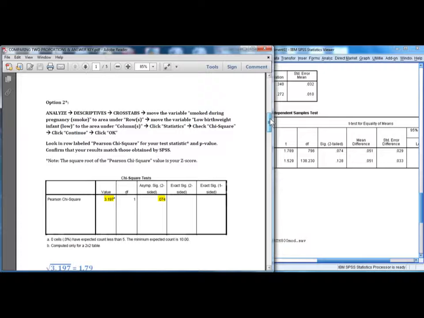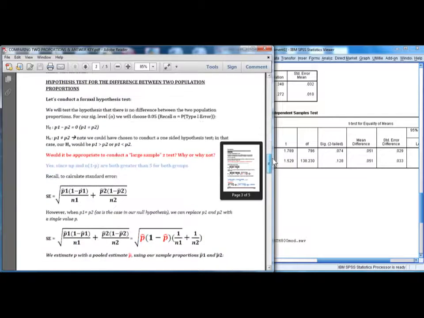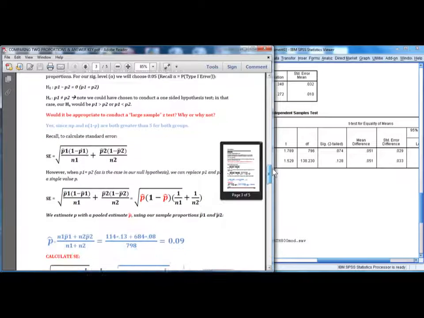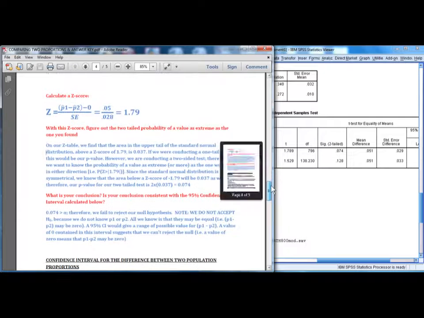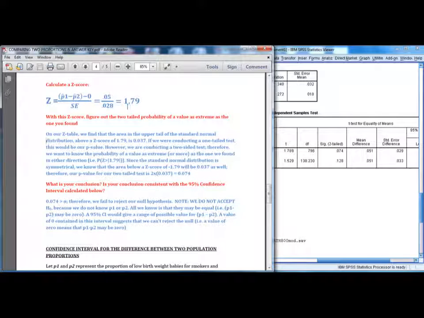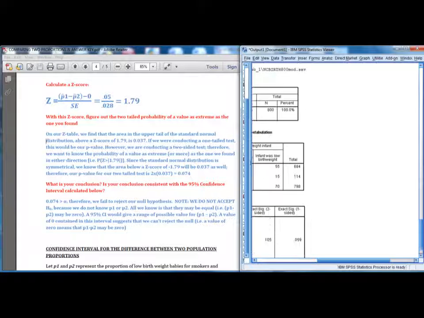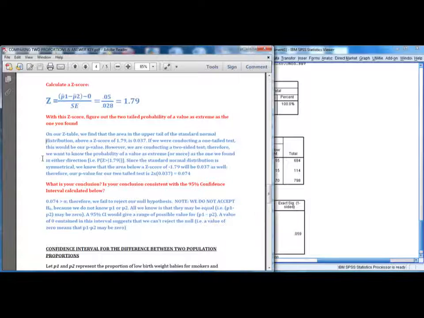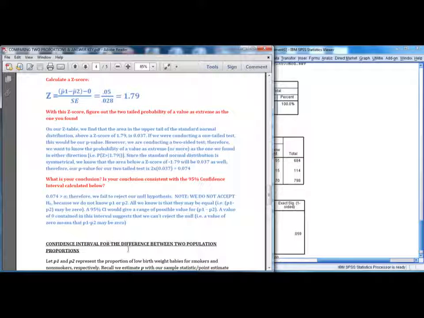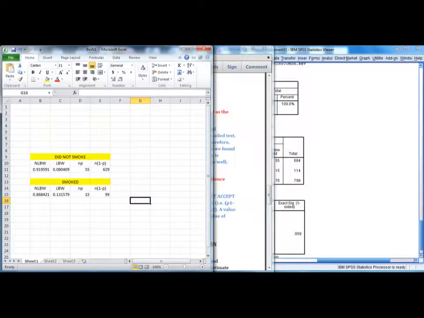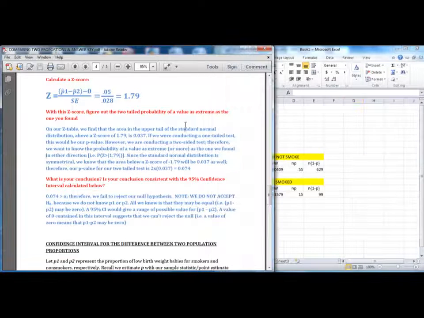It's because the standard errors are calculated differently. So the main thing here is just to confirm that our z-score is the same as that obtained by SPSS, and our p-value, which we can get from SPSS or Excel, we can confirm is 0.074.